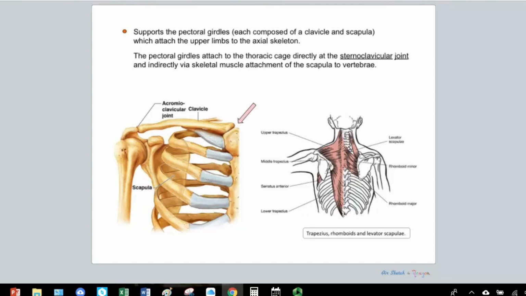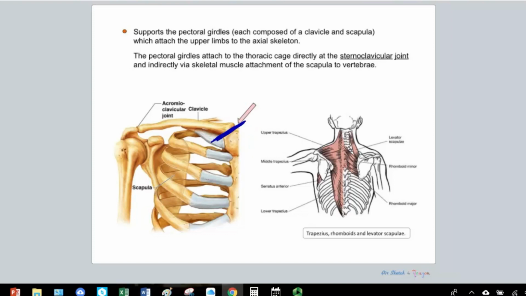In particular, here's the clavicle, and it attaches to the sternum of the thoracic cage to form the sternoclavicular joint. And this is actually the only bony joint that attaches the upper limb to the axial skeleton.